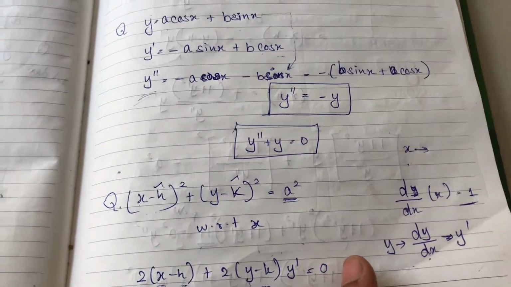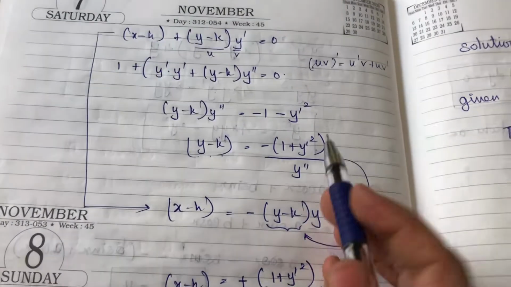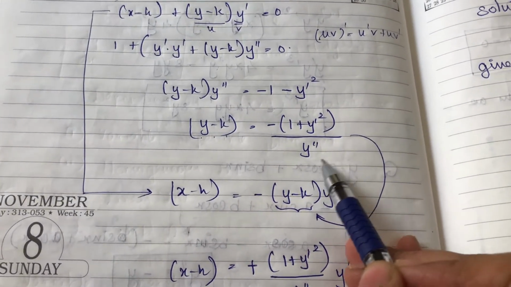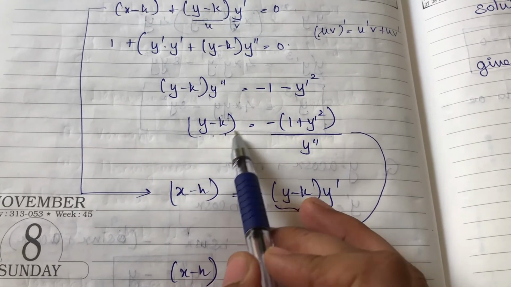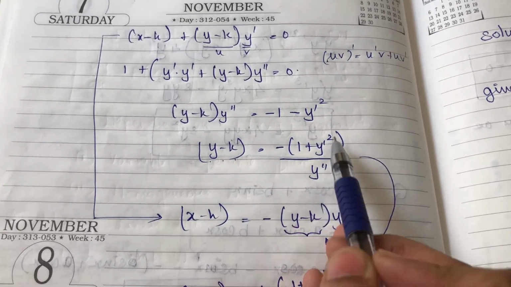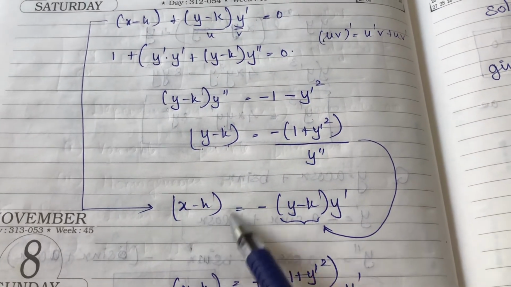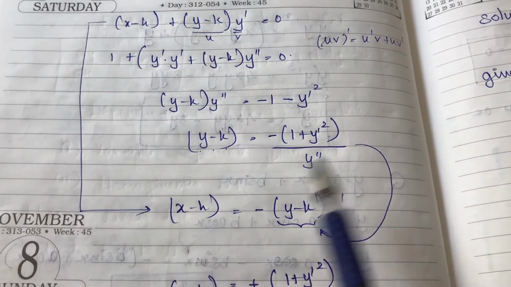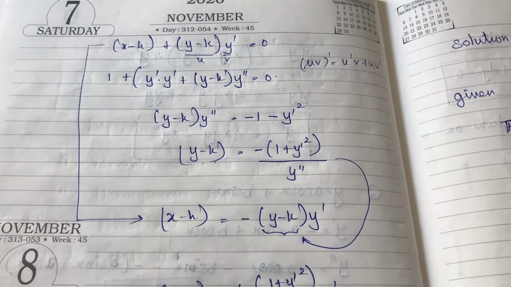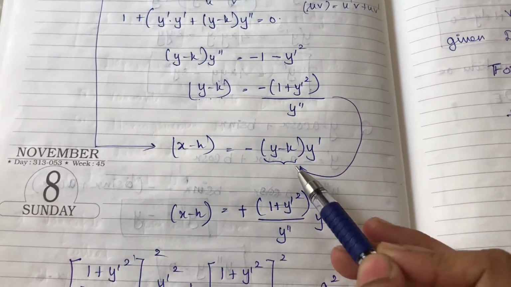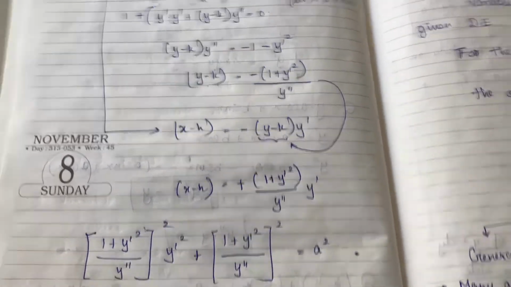So just 2 derivatives are enough. I have done the second derivative here. After that, y minus k, right? I'm just substituting this value here and finding x minus h. So it will become like this.